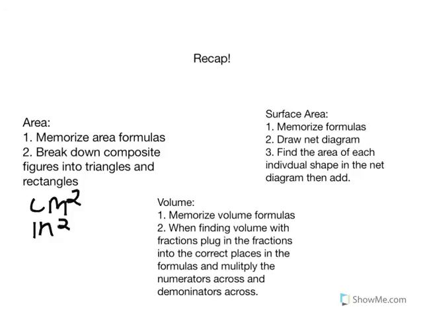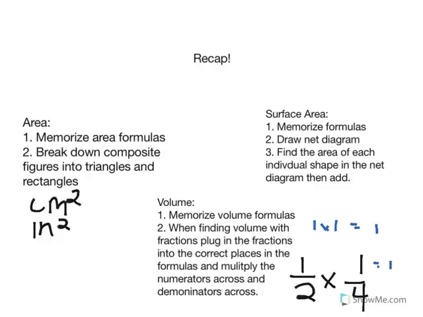For volume, memorize the formulas. Once again, it's very crucial to memorize those formulas. When finding volume with fractions, plug in the fraction to the correct place in the formula and multiply the numerators across and the denominators across. So if this was an example, you'd multiply the numerator across, so you do 1 times 1, which gets you 1.